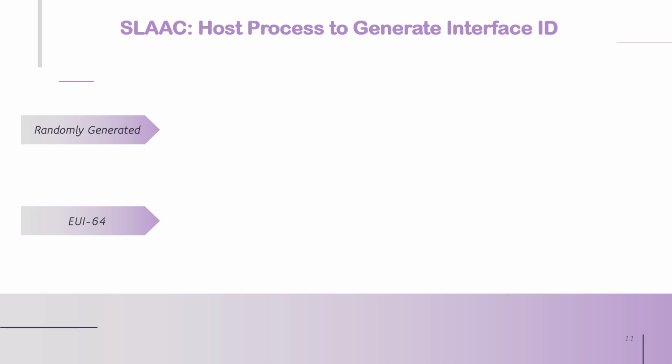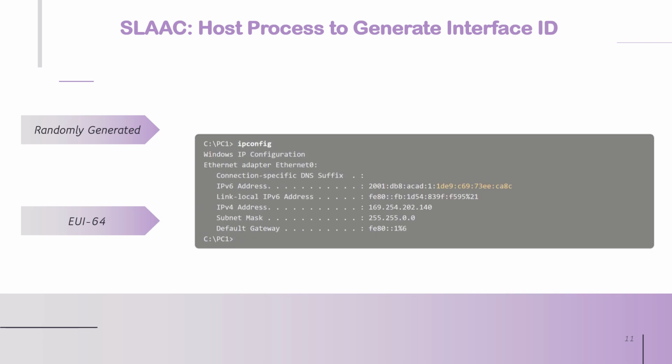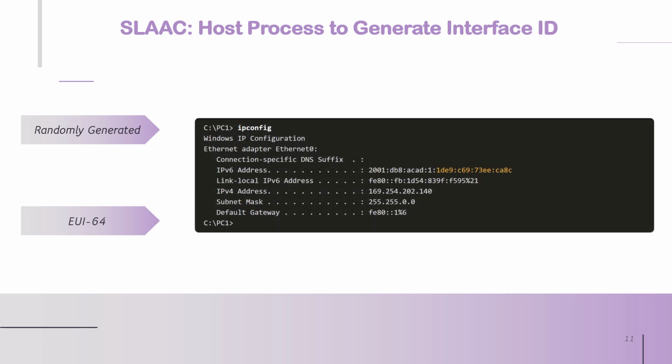So, for instance, let's use the ipconfig output on the Windows 10 PC. It is using the IPv6 subnet information contained in the Router 1 router advertisement and a randomly generated 64-bit interface ID, as highlighted here.